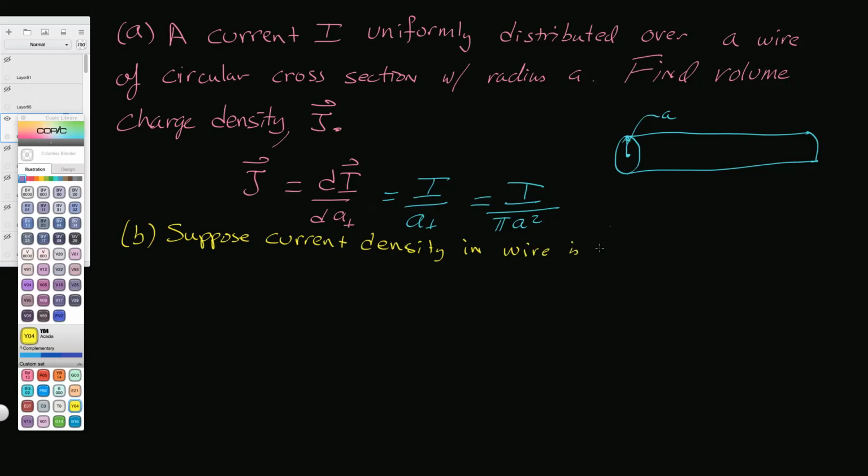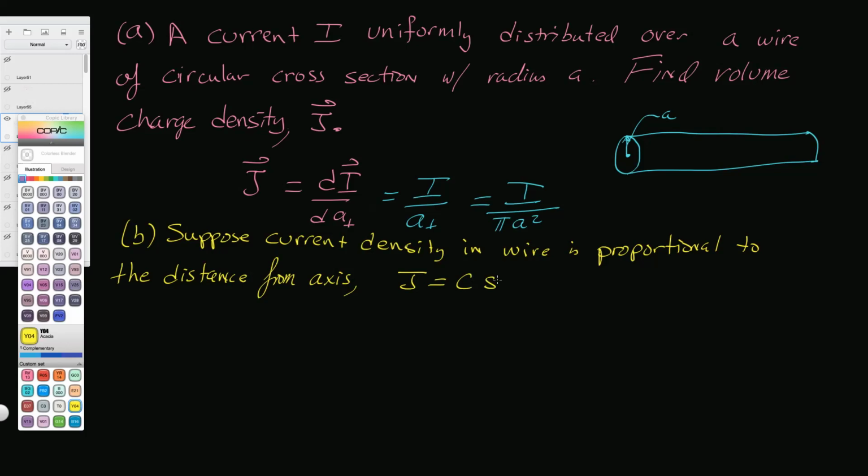is proportional to the distance from the axis. So we could write J equals some constant times S, if S is the distance from the axis, like we usually do in cylindrical coordinates.